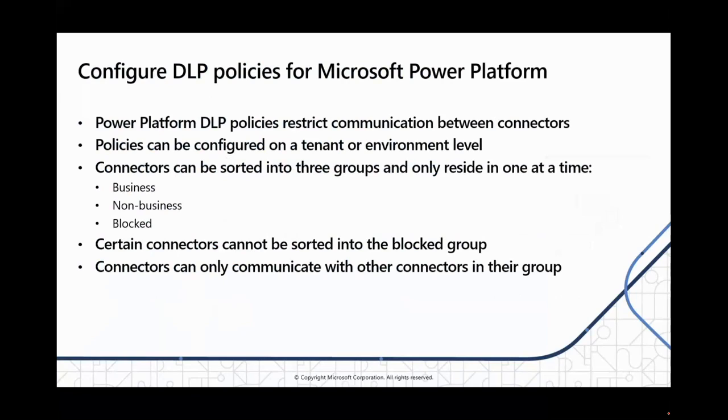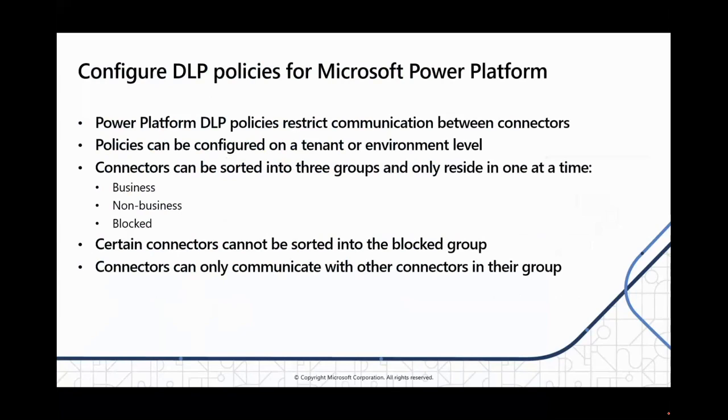The Power Platform DLP policies are going to restrict communication between the use of connectors. Policies can be configured at the tenant or at the environment level. These connectors can be sorted into 3 different groups, and they are going to reside in only one at a time. For example, business, non-business, or blocked.